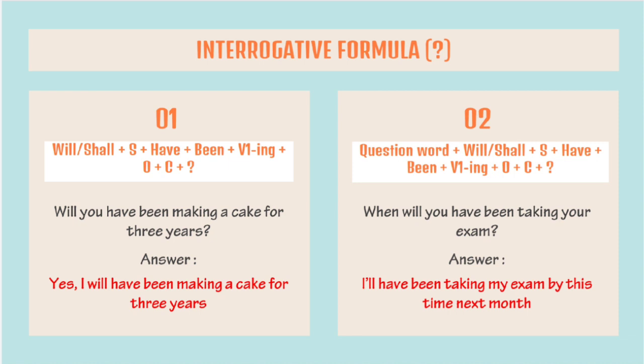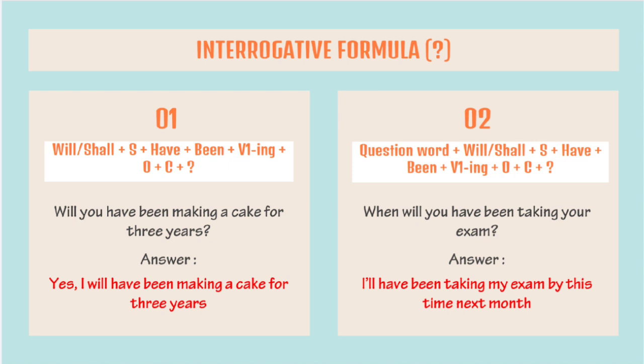Example, will you have been making a cake for 3 years? The answer, we can say yes or no. In this example, I use yes. So, yes, I will have been making a cake for 3 years.